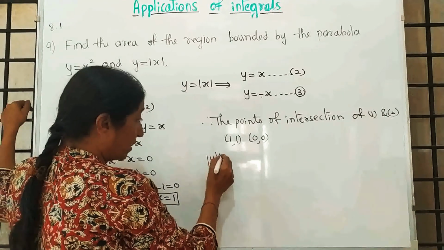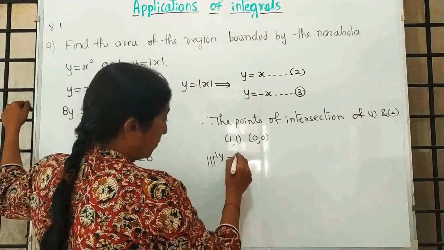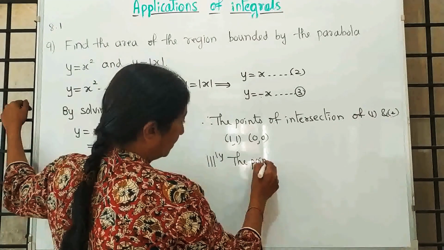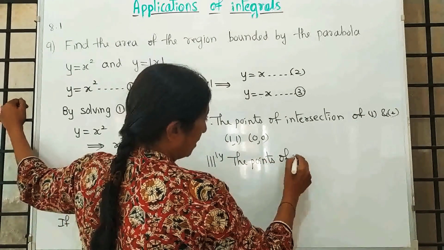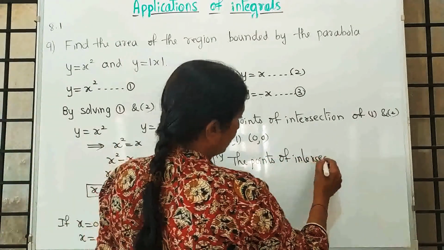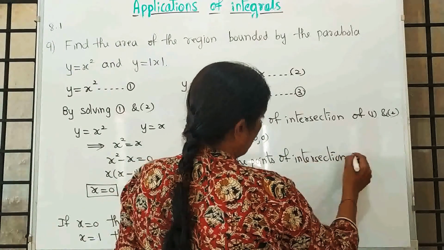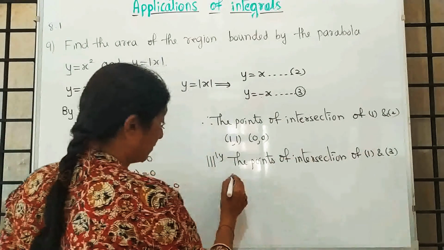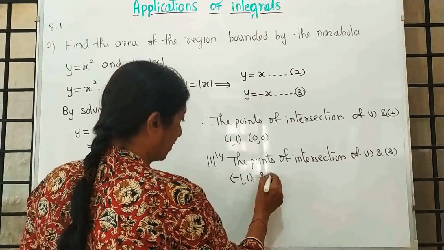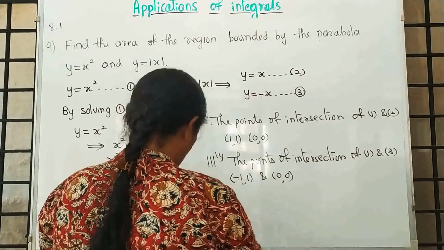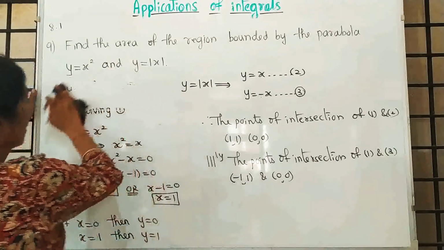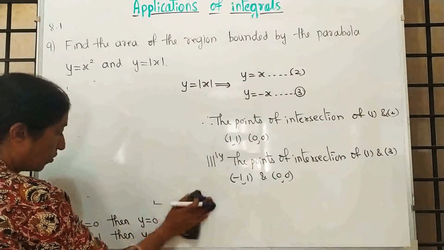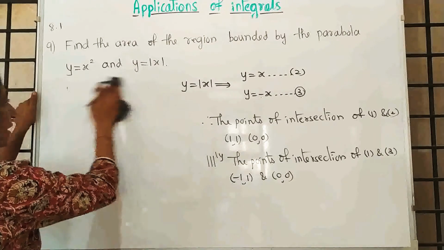Similarly, by using basic knowledge, the points of intersection of 1 and 3, it comes in second quadrant. Remember, it is minus 1, 1 and 0, 0. Totally, 0, 0 is common, and 0, 0 common means the figure comes like this.